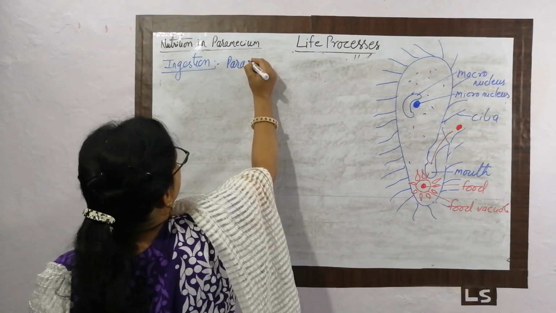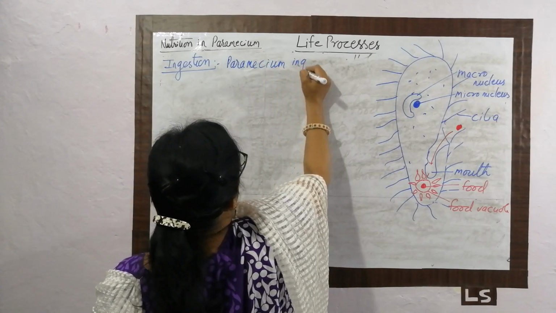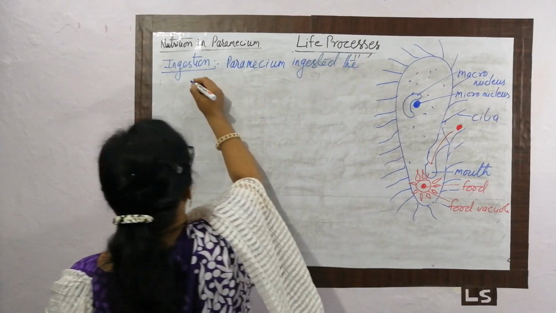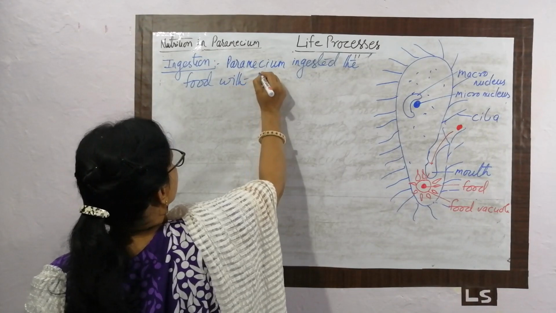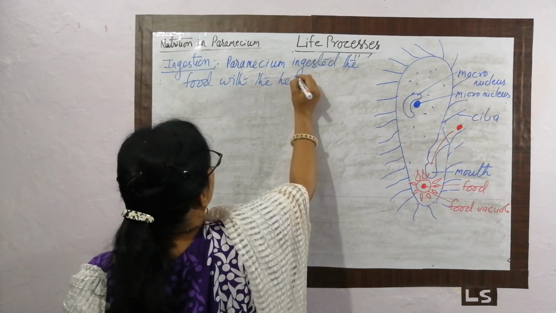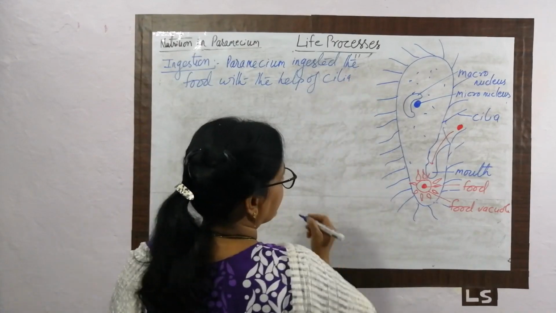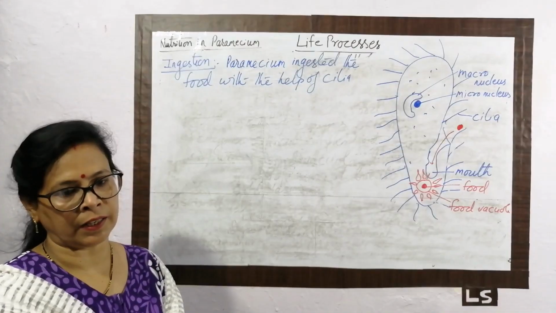Paramecium ingests the food with the help of cilia. This is the cilia.